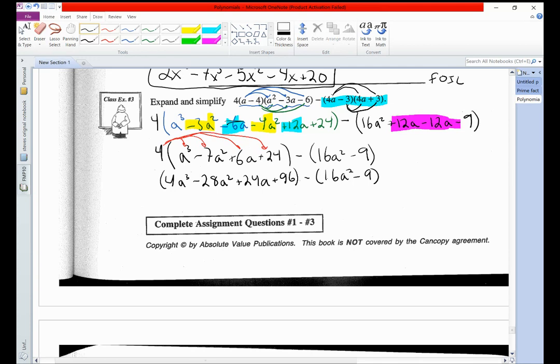So there's no a cubed term in the second bracket, so I'll just leave the first a cubed term there, 4a cubed. Now I have negative 28a squared, subtract 16a squared, and that's going to give me, oh geez, okay, subtract, negative, subtract, so we're going to get negative 44a squared.